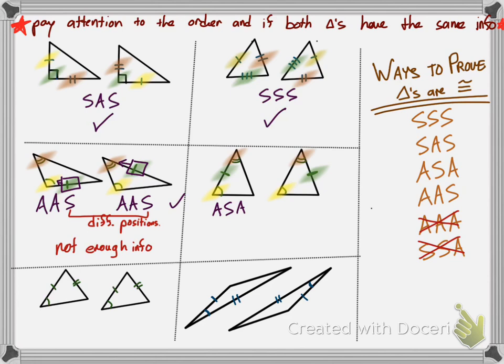That side is included. For the triangle on the right, we have angle, angle, side. That side is not included. So because we have a mismatch here, we are unable to use any shortcuts. So our answer again will be not enough info.